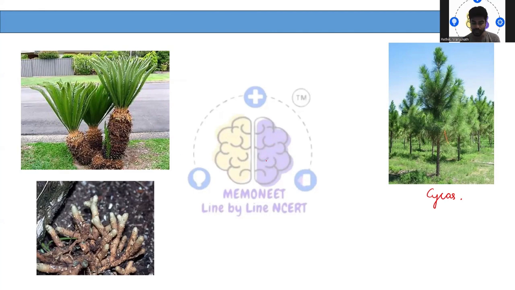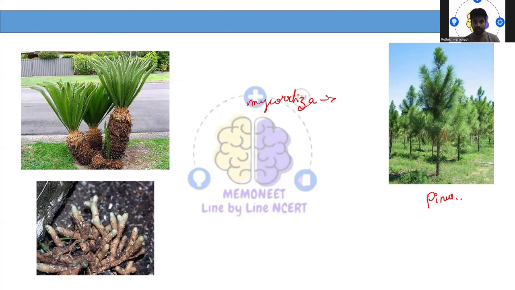In some of the plants, the roots have a fungal association called mycorrhiza. Sorry, I guess this is a Pinus tree. So you will see a fungal association with Pinus, on the roots. You will see this kind of association in the roots of this plant.